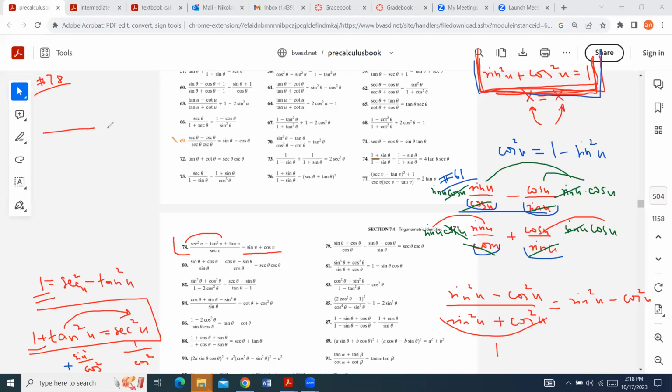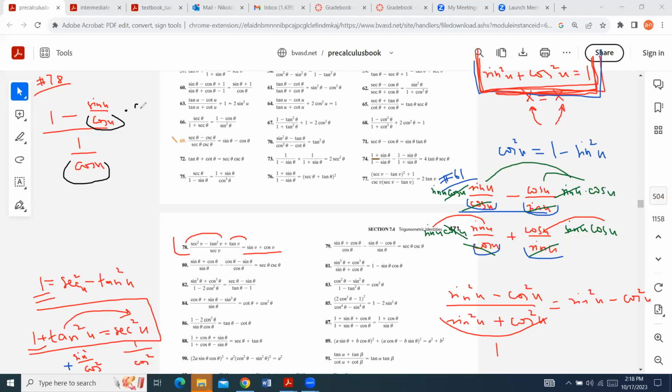So let me do 78. I can write this as 1, subtract tangent of u, so v doesn't matter. So tangent is sine over cosine, right? Is divided by secant, which is 1 over cosine. And this complex fraction needs to be definitely cleared of all of its little denominators. And they're just cosines.